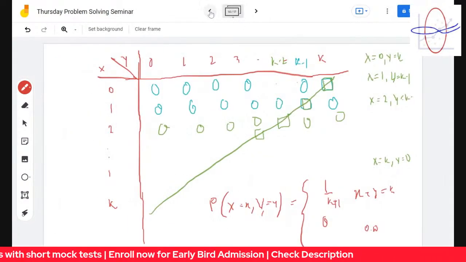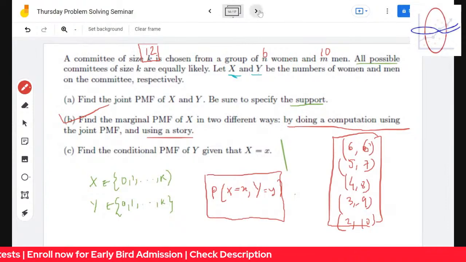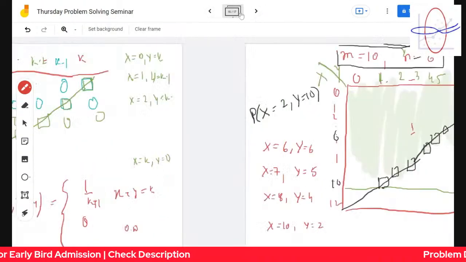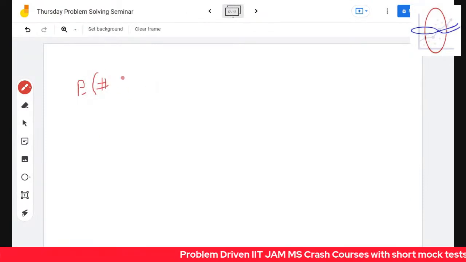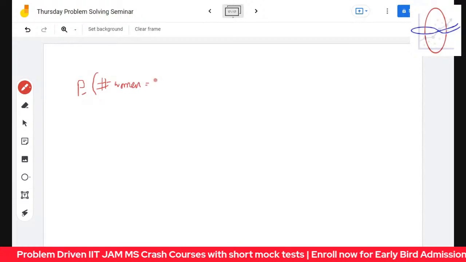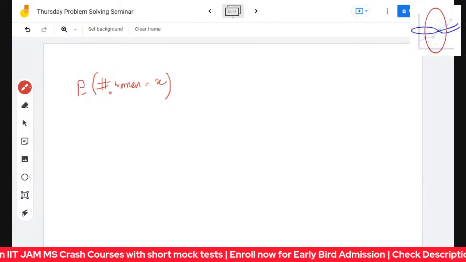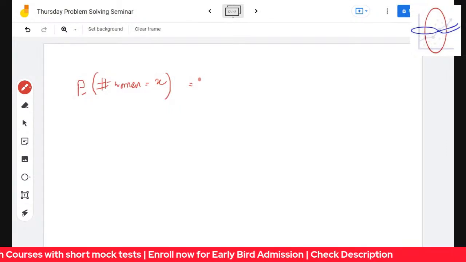Let's say the marginal of men, women. Let's say the number of women is equal to X. This is the probability we're trying to find out.